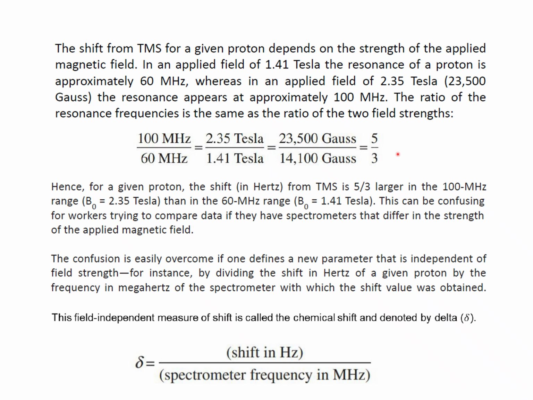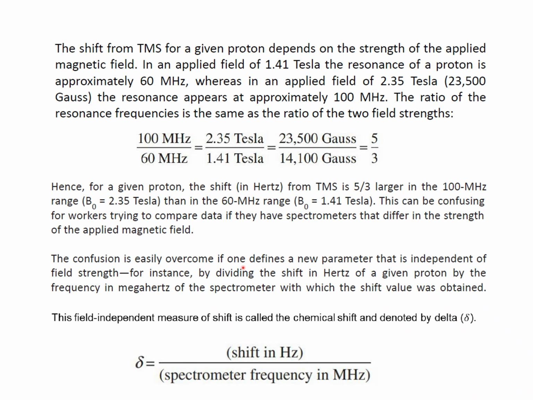What does 5 by 3 mean? For a given proton, the shift from TMS is larger at 100 MHz than at 60 MHz. This can be confusing for the worker. Yes, this is the main reason. So what do you mean by 5 by 3? It makes it hard to compare data if you have spectrometers with different strengths of applied magnetic field.